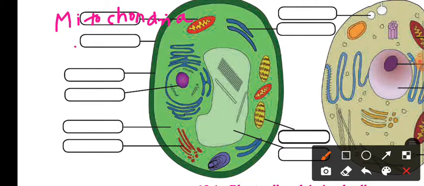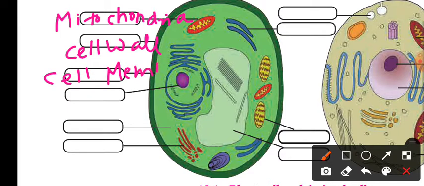Then the next one is a cell wall. Then the next is a cell membrane. Then the next one is a nucleolus.